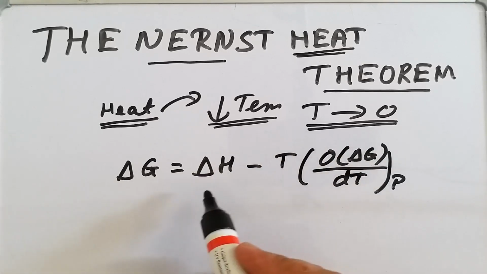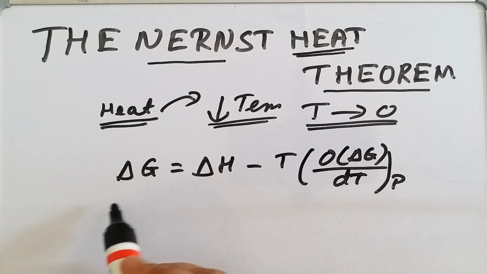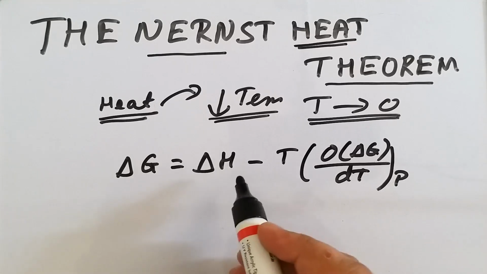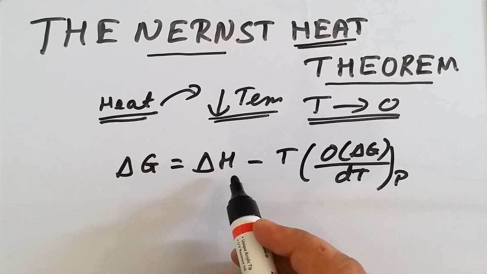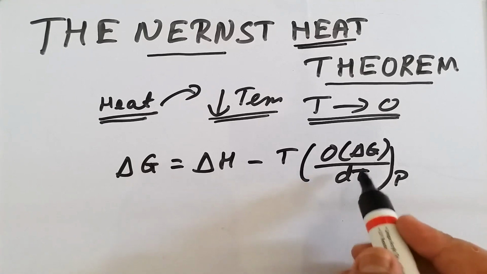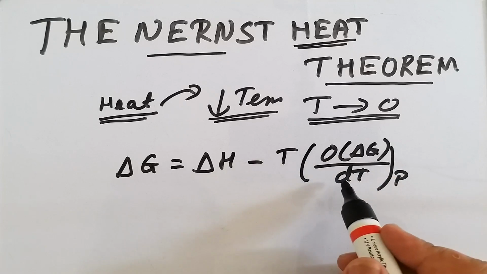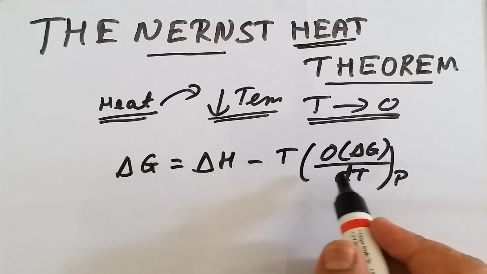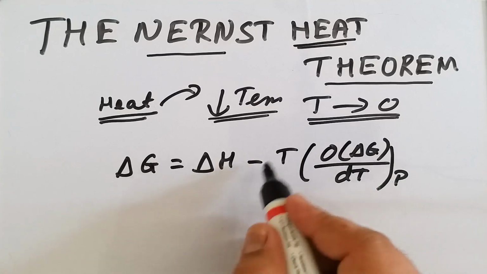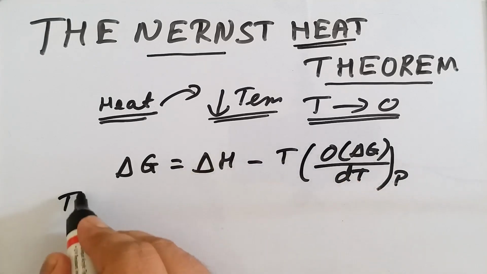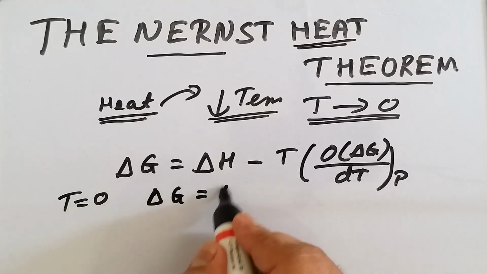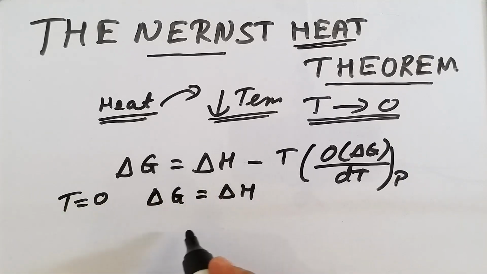Here delta G is the change in the free energy, delta H is the change in the enthalpy, and d delta G upon dT is known as the Gibbs function. At absolute zero, when the temperature T is equal to 0, delta G will be equal to delta H.